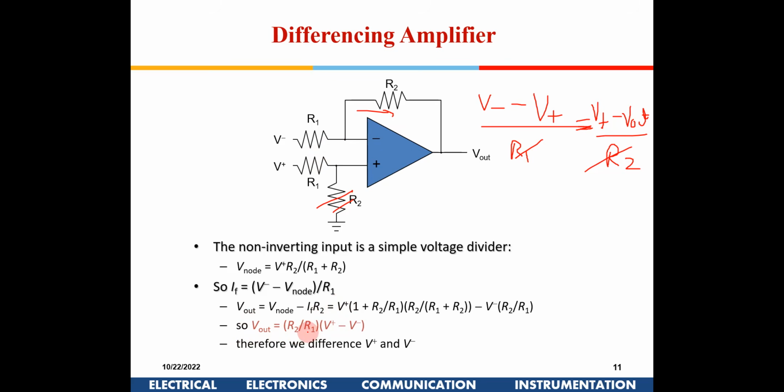Sir, V minus and V plus will be the same here in this case, because if we keep R1, then V plus and V minus will be the same. Then no. There will be a difference between V plus and V minus. So there will be current flowing like this. Okay, correct.